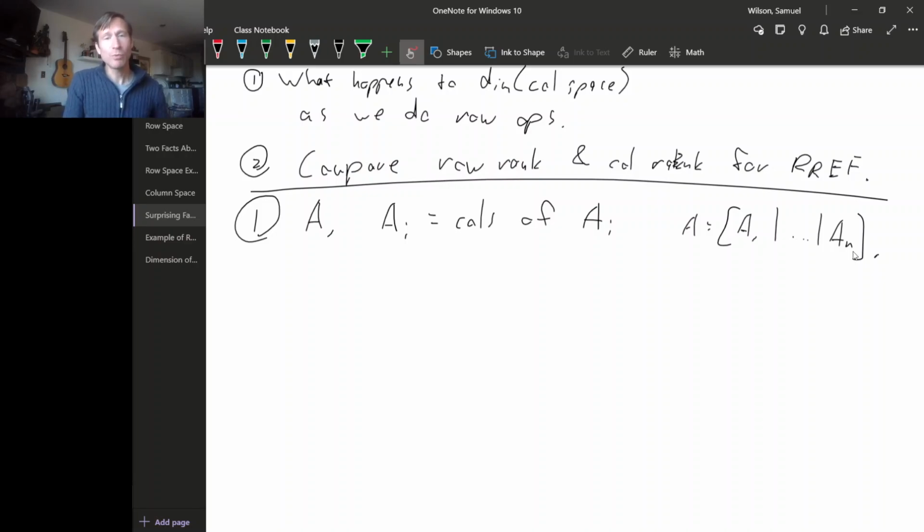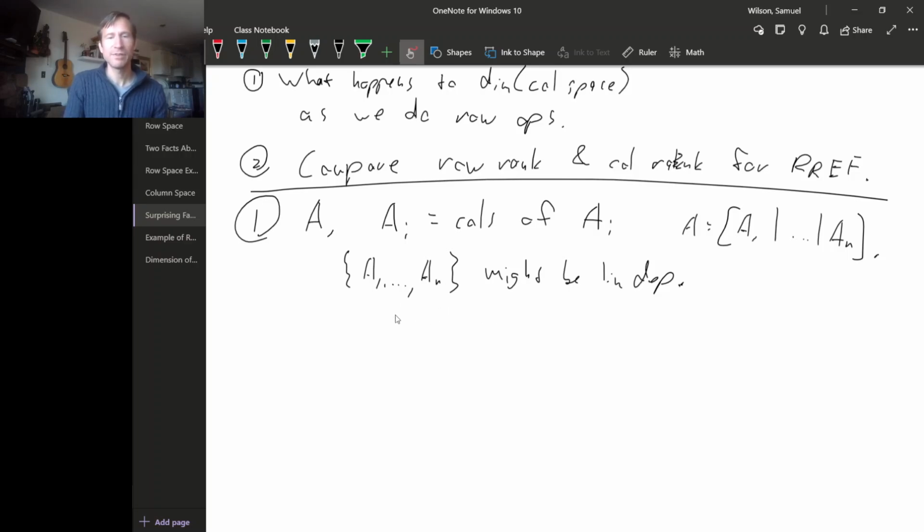But we know, when we learned about linear independence, that if you have a finite linearly dependent set, A1 through An, you can throw away linearly dependent vectors one by one until you have a linearly independent set.